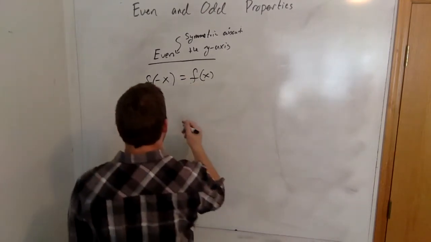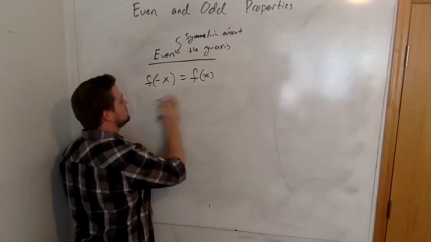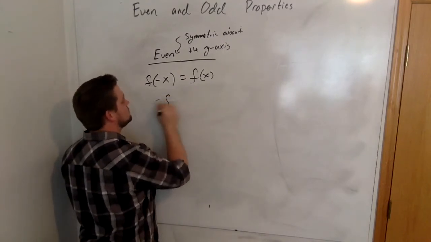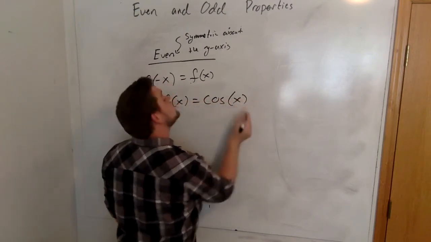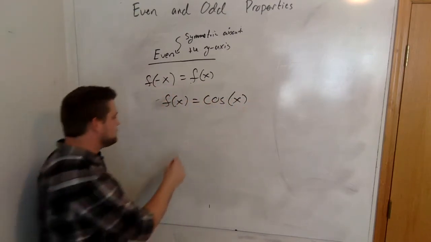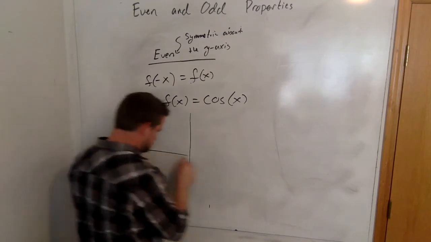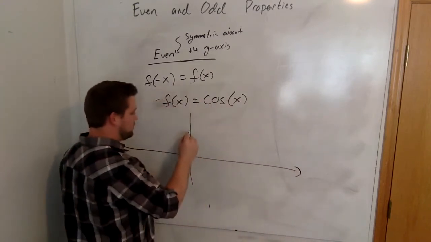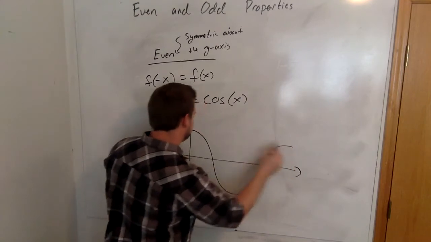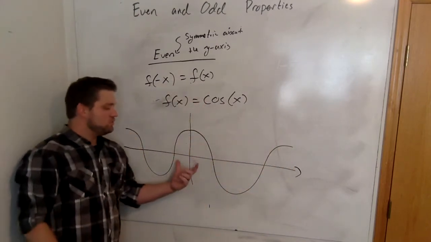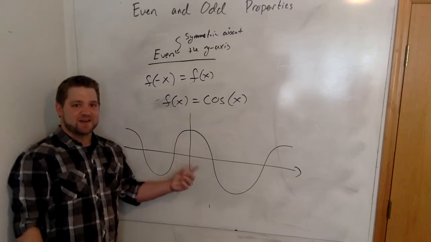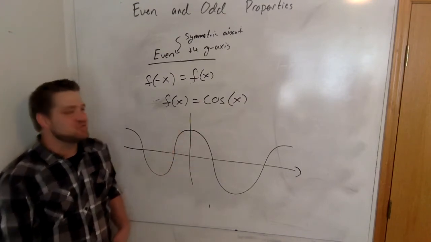So cosine, f of x equal to cosine of x, is an even function. Let's just think about its graph. Remember cosine? Cosine looks like this. Notice here that cosine is symmetric about the y-axis. So cosine is an even function.